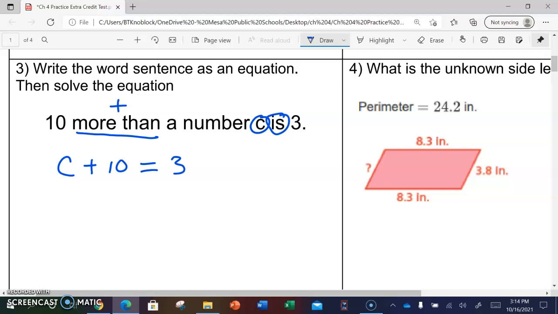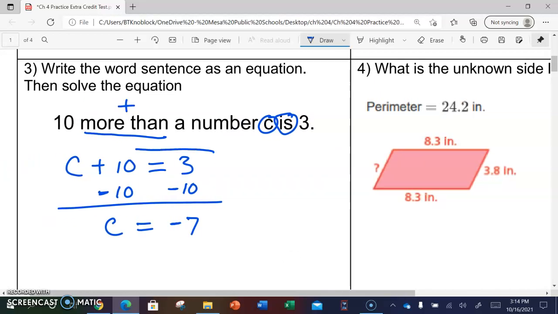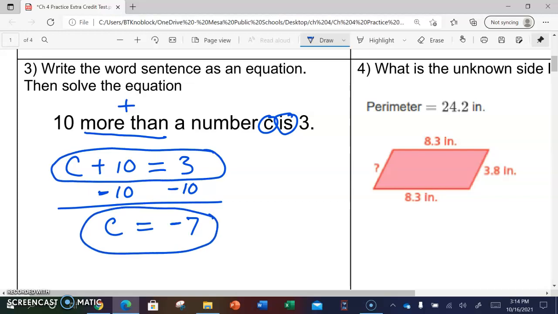So now I have to get rid of the plus 10 by going minus 10, minus 10. I end up with C equals -7. So this is your equation you would have to write in the computer, and then this is your answer.